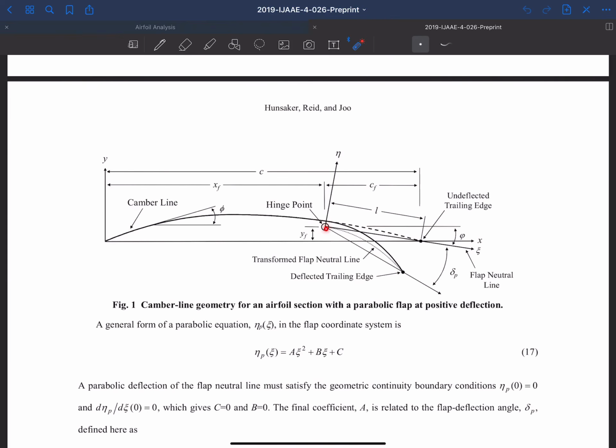Usually it's really close to the camber line or the chord line, somewhere in there. And so we've drawn it here, but in general, our math works out that you could actually define that anywhere.